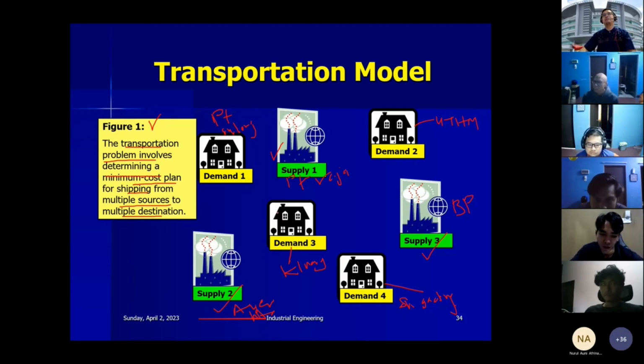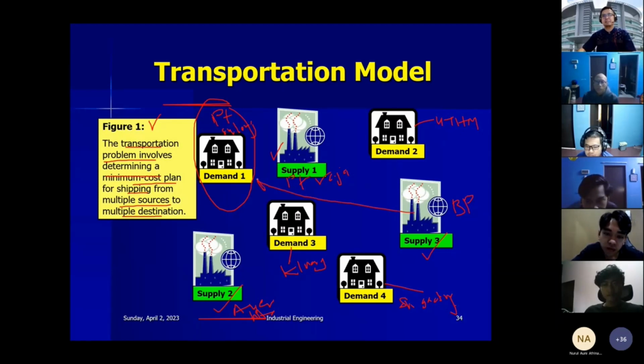For example, if we want to supply the demand from Parit Sulong, which one of supply 1, supply 2, supply 3 is nearest to Parit Sulong? Parit Raja, Batu Pahat or Air Hitam? Which one is the nearest to demand 1? Batu Pahat.